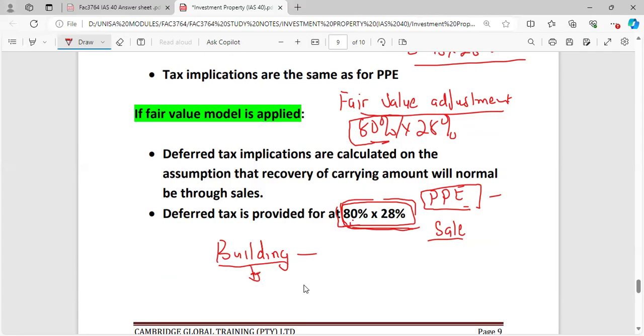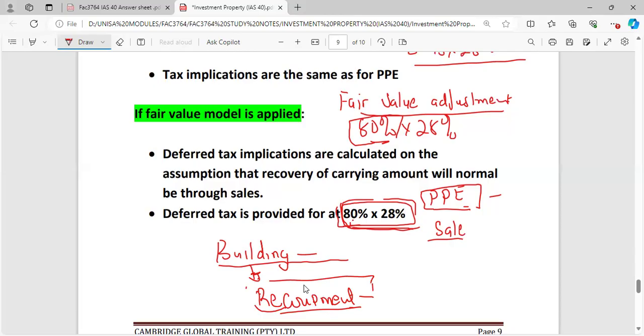Once the capital allowance is subtracted from the building, you also need to have deferred tax on recoupment. So you are going to have two deferred taxes here: one for the fair value adjustment and one for recoupment.